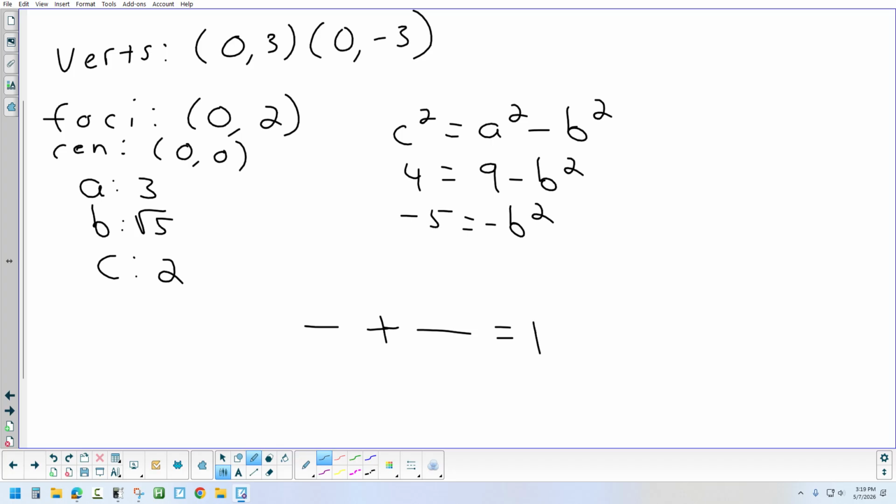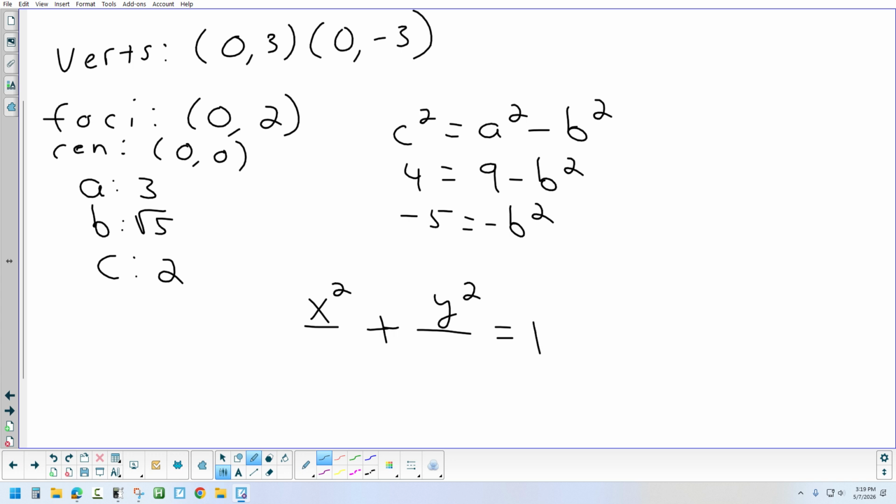And what do we always put for our first numerator in an ellipse? x squared. And second numerator, y squared.